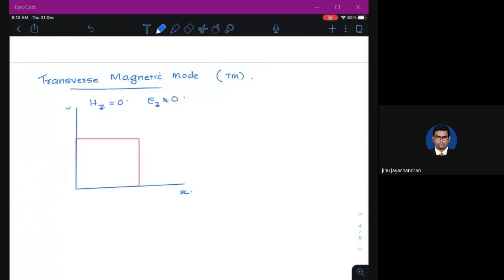This is X, this is Y, and you have the 0, 0 here, 0 comma A here, and 0 comma B here.